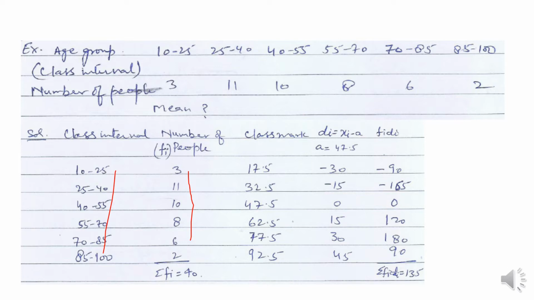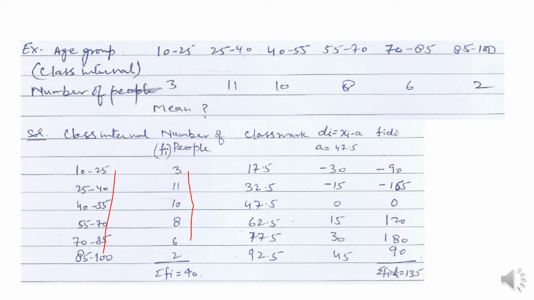Now we have to find xi. xi is the midpoint of the interval. To find it, we add the end points of the interval and divide by 2.